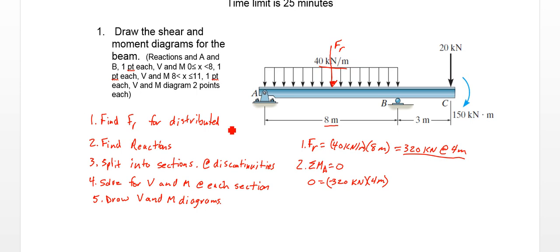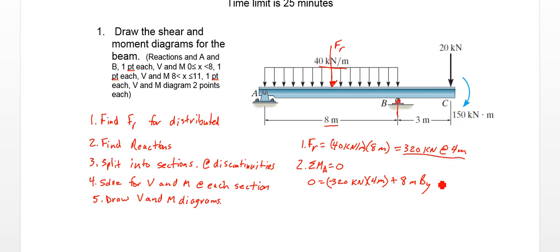It's going to be creating a clockwise moment, which in our sign convention is negative. At B, we're going to have some reaction here coming up, so we'll have plus 8 meters BY.